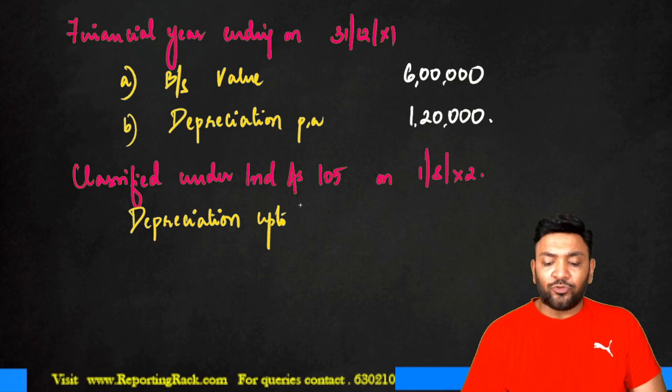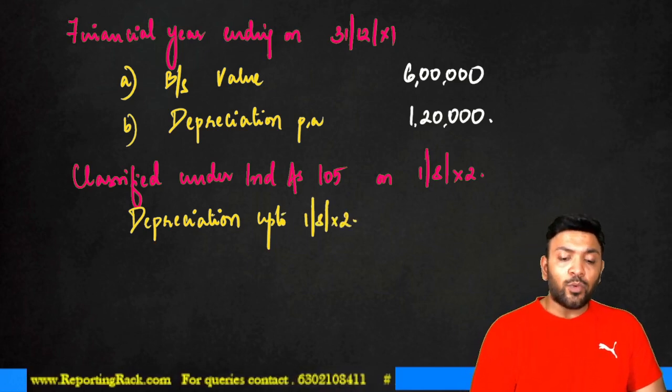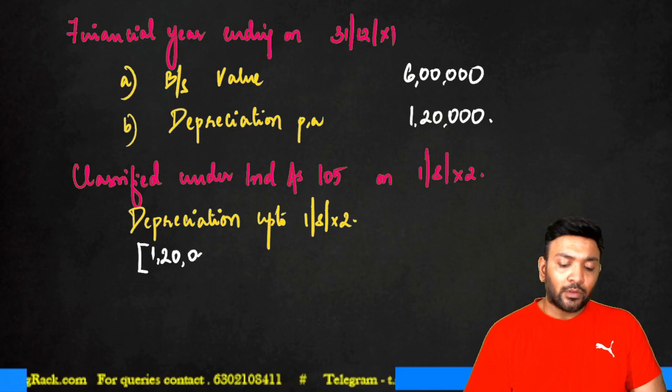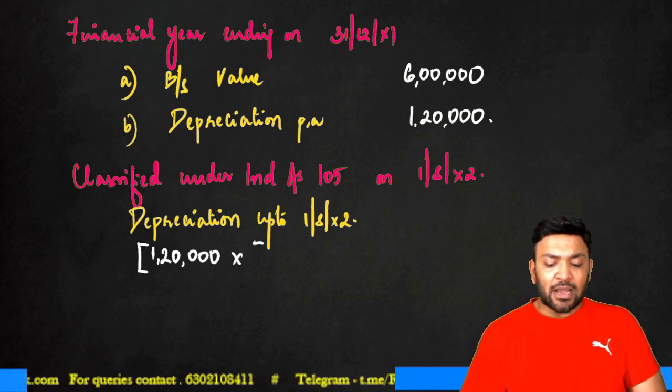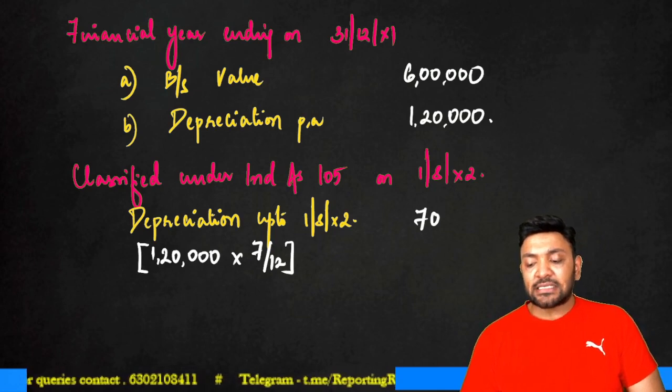Depreciation up to 1st August 2022 is equal to 1,20,000 per annum, but for 7 months, into 7 by 12, the depreciation would have been 70,000.